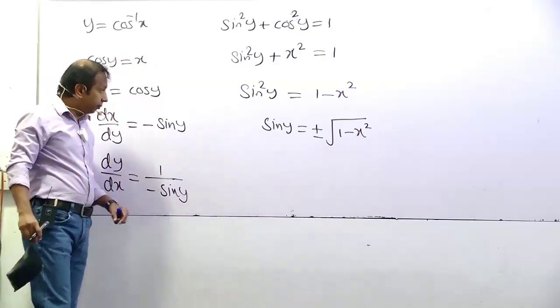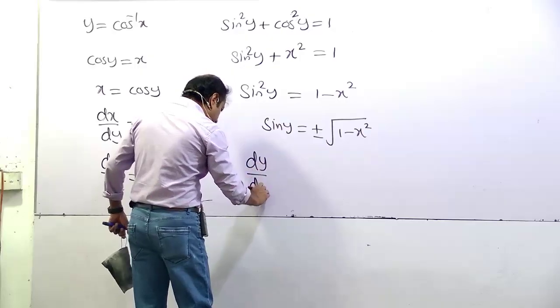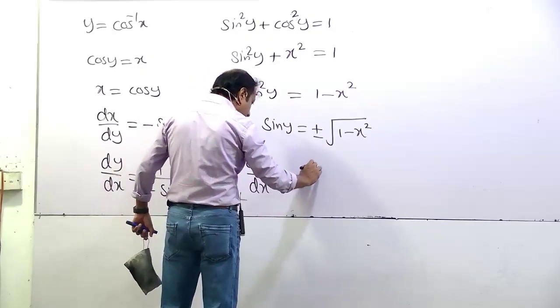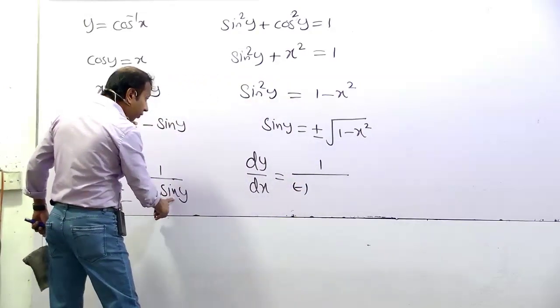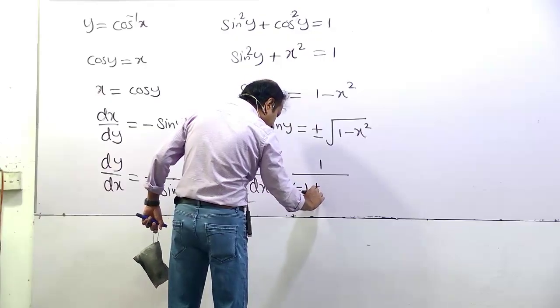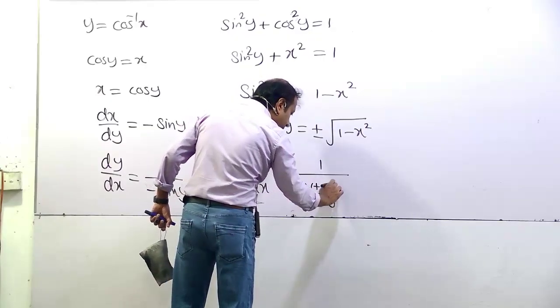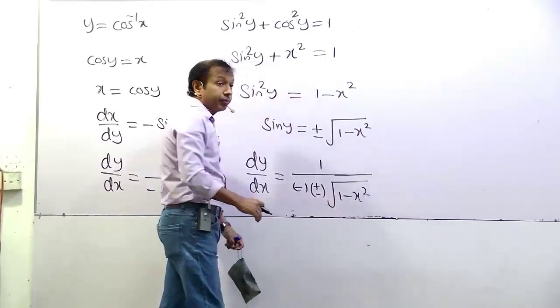Now we put that here: dy over dx, 1 over, here we have minus sin y, plus or minus this.